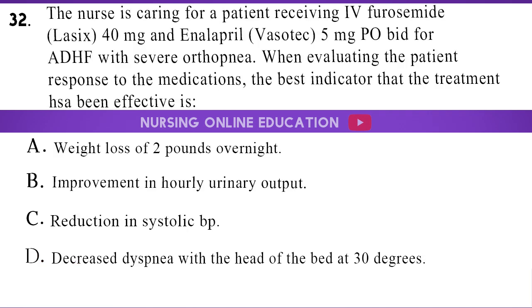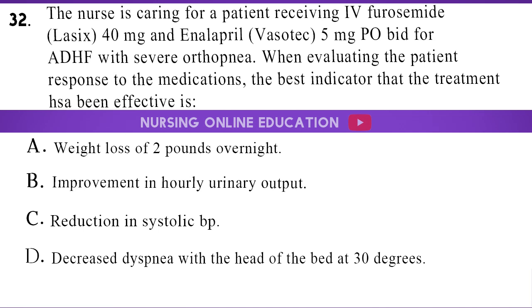32. The nurse is caring for a patient receiving furosemide, Lasix, 40 mg and enalapril, Vasotec, 5 mg PO bid for ADHF with severe orthopnea. When evaluating the patient response to the medications, the best indicator that the treatment has been effective is: A. Weight loss of 2 pounds overnight. B. Improvement in hourly urinary output.